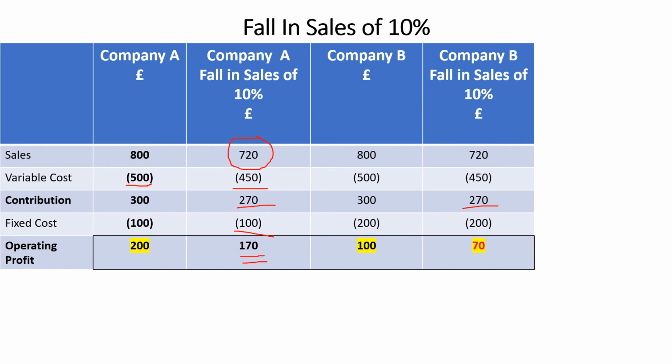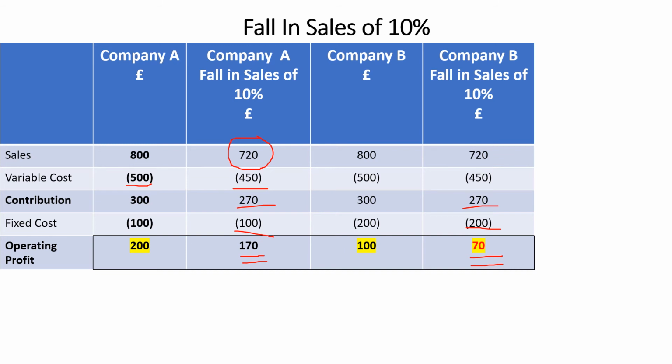However, contribution of 270 for Company B minus fixed cost of 200 gives us an operating profit of 70. Now, we established earlier that Company B has higher operating leverage, and Company B suffers mostly from a 10% fall in sales. The reason is it still has to pay higher fixed costs.